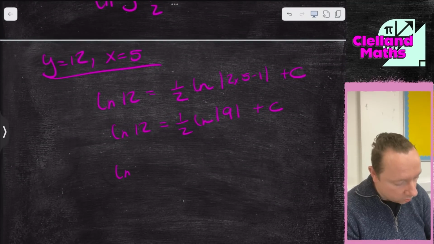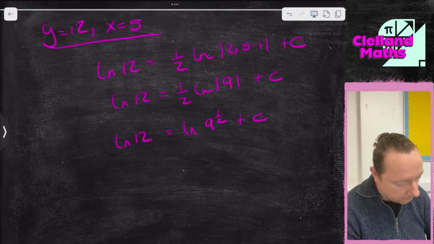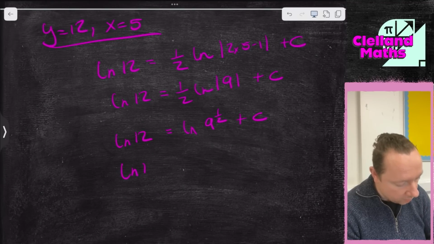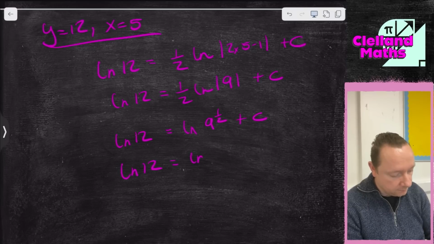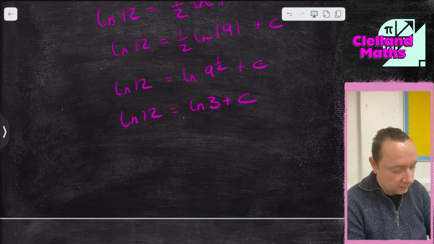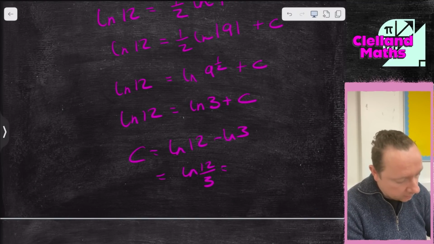So that means that I've got log 12 equals log 9 to the half, if you want, plus c. So that's log 12 equals, 9 to the half is the square root of 9, which is 3, plus c. c is equal to log 12 minus log 3, which is log 12 over 3, which is log 4.